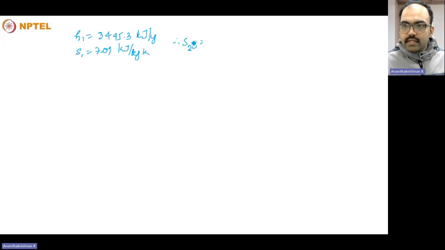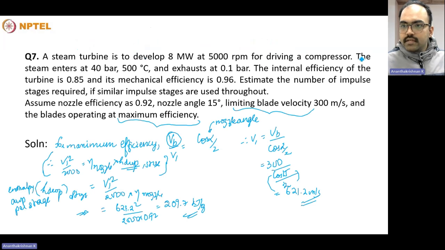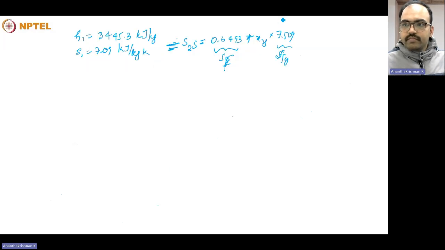S2s, that is the exit point isentropic, the entropy at the exit point for an isentropic nozzle, will be the same as that of S1. That will be equal to 0.6493 plus x2s into 7.509, that is Sf plus x Sfg at the second operating condition, that is 0.1 bar.